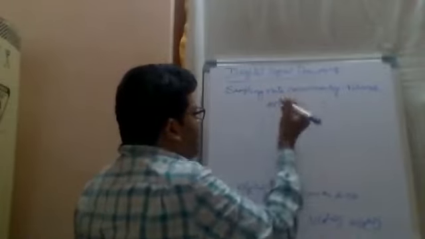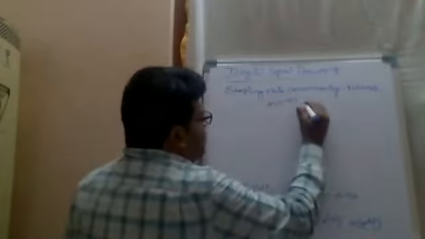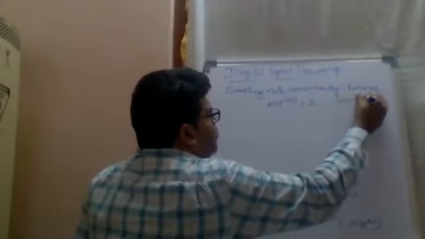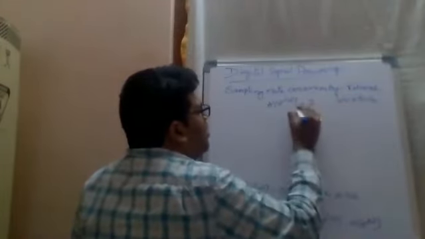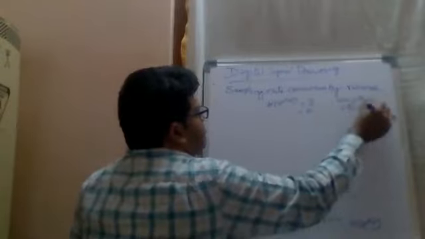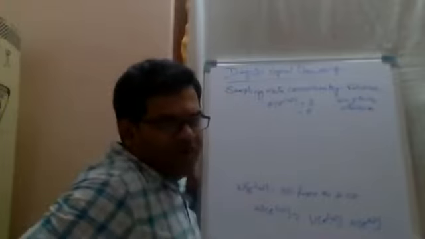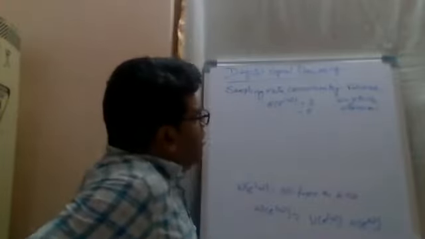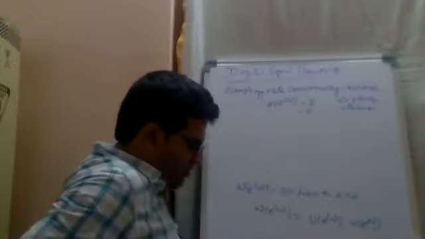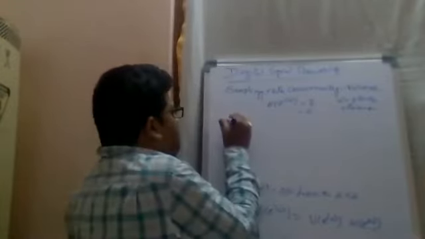Now let me define the filter function H of e power j omega equal to I from omega equal to 0 to omega c, low pass filter, and it is 0 otherwise. So now what is this omega c?